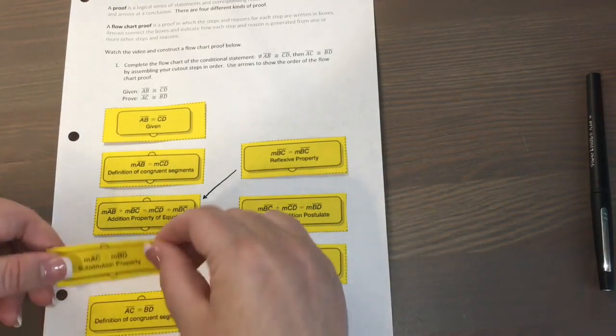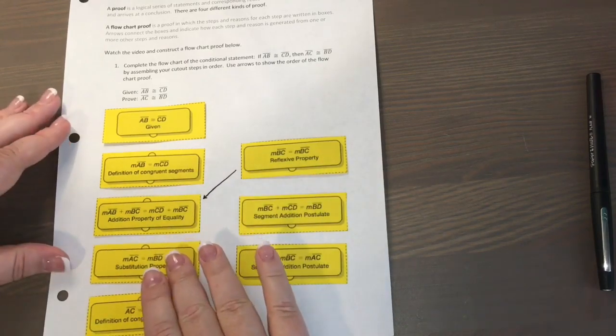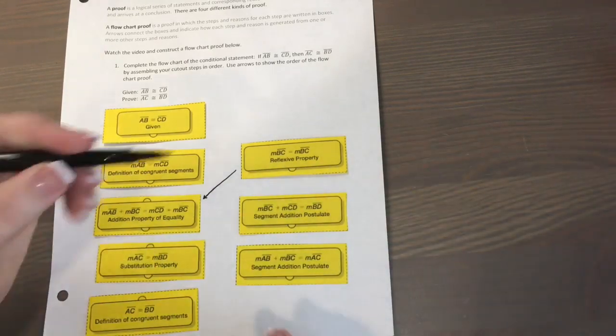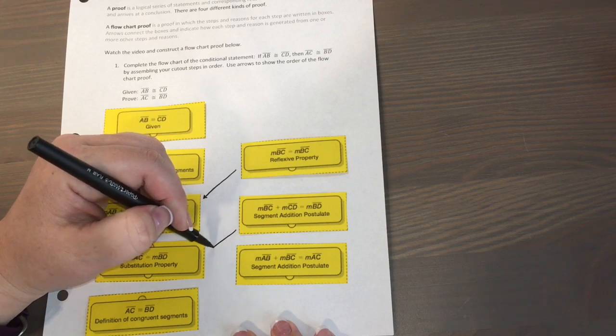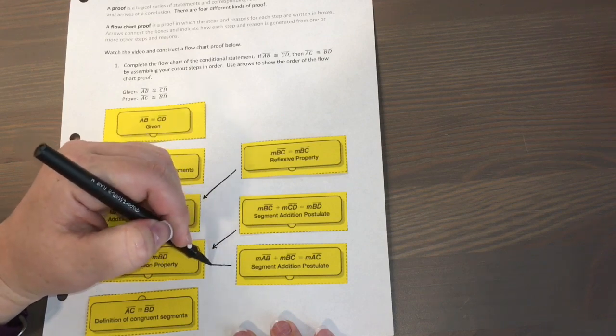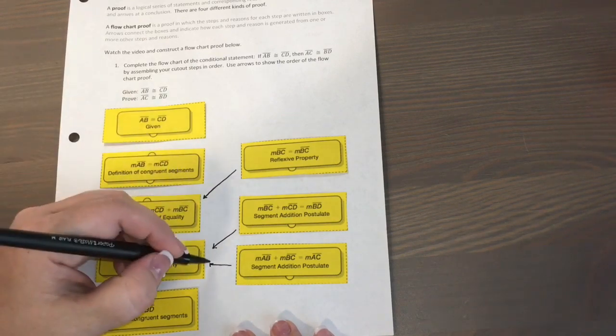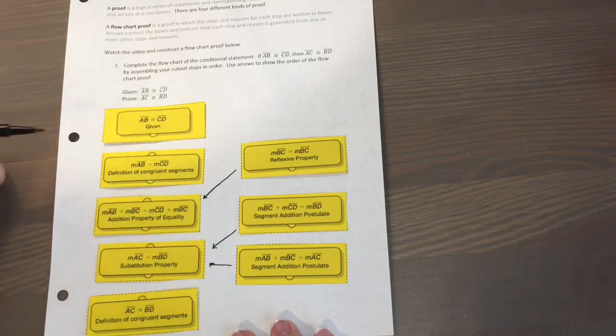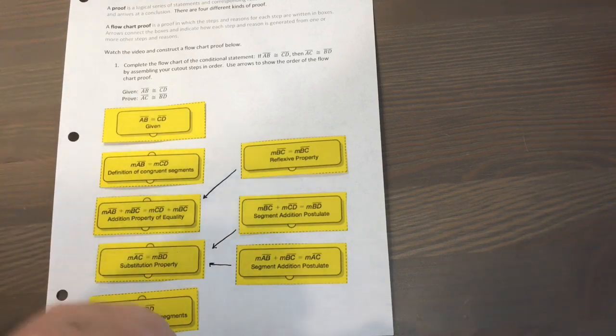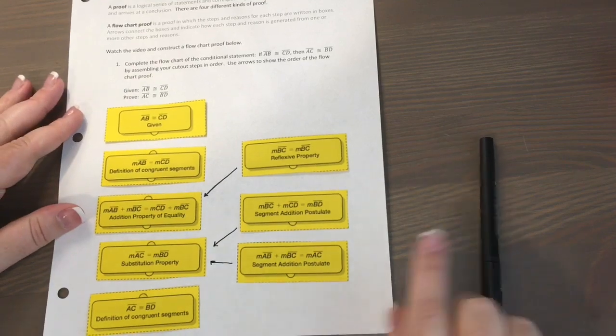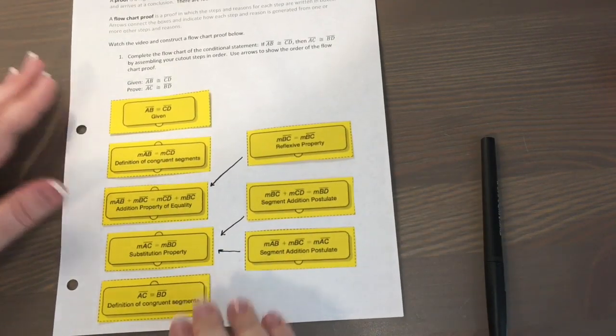And those would bring us to this conclusion right here. So again, I'm going to draw my arrows like this to indicate that those go with that. And then I've got my proof all in order. So now you just need to glue this down on your paper.